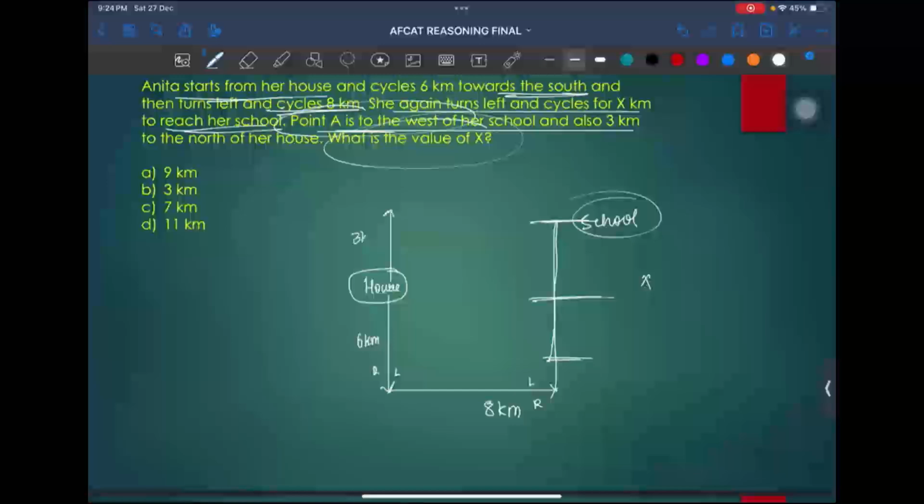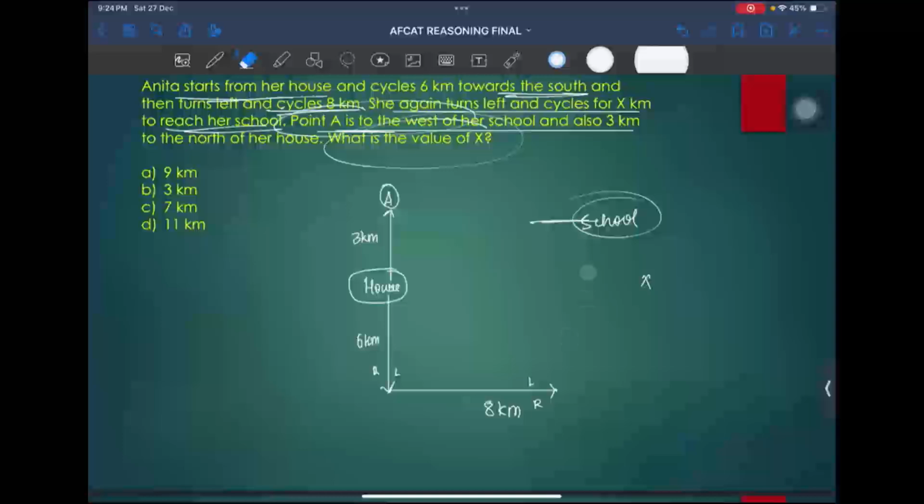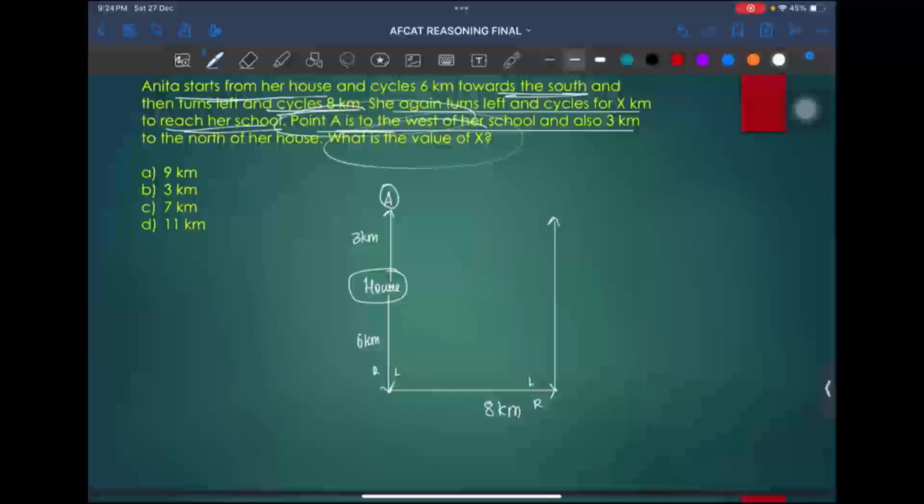So 3 kilometers, that is point A, and it is also west of the school. If the school is here, point A will be considered as the west position from the school.